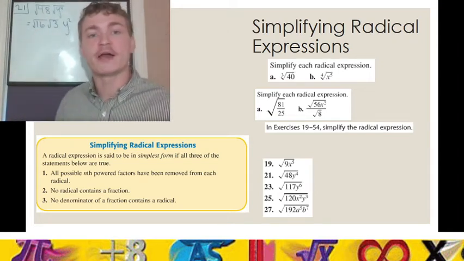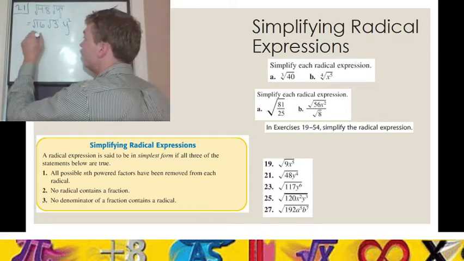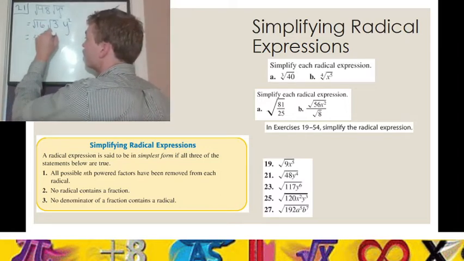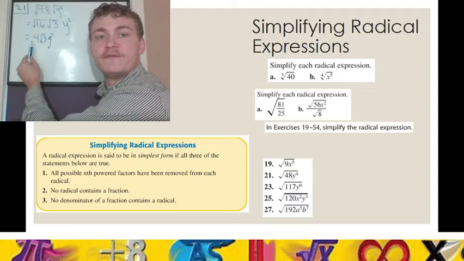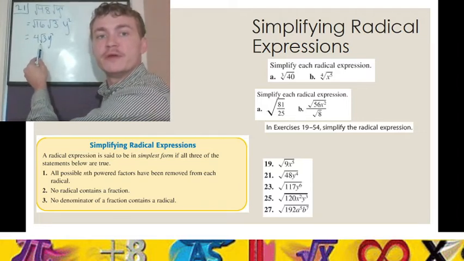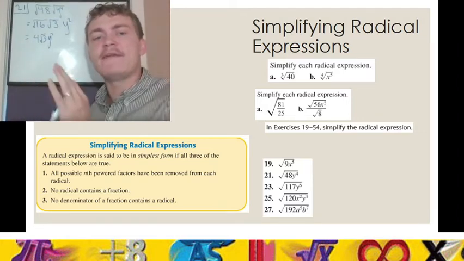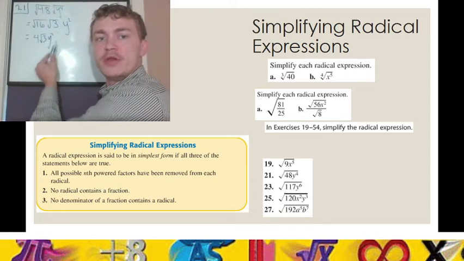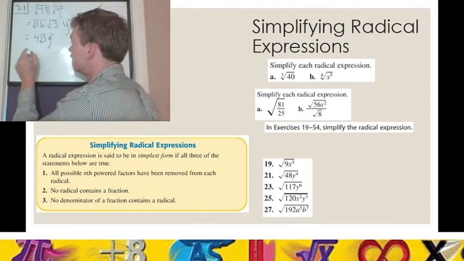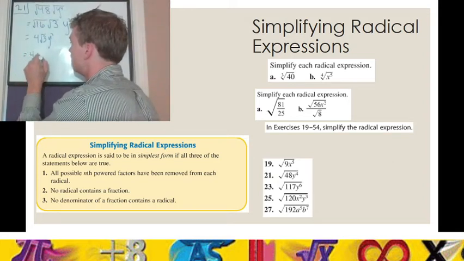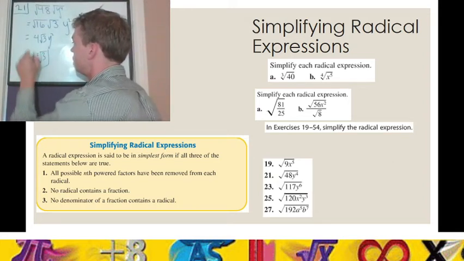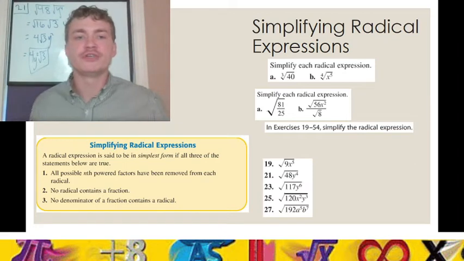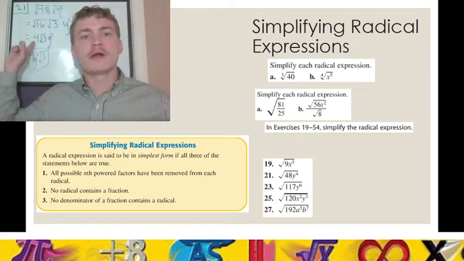The square root of 16 we evaluate to give us 4. Thus we have here 4 multiply the square root of 3 multiply y squared. And to have it in a proper form, what we're going to do here is take the y squared and commute it with the square root of 3. We do this to ensure to the reader that this y squared is not under the radical.